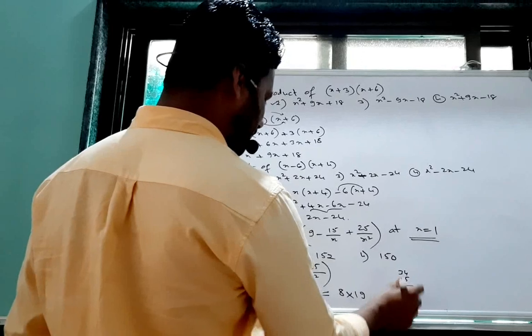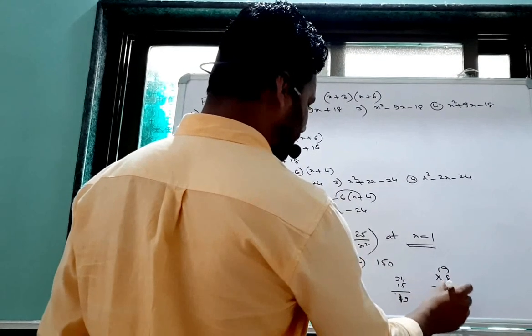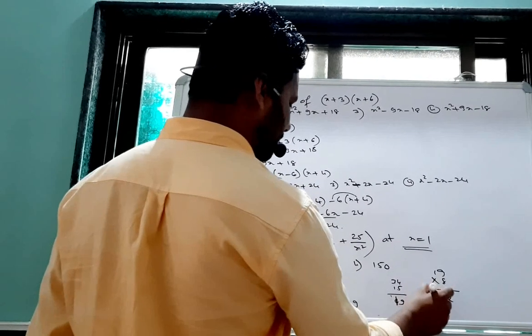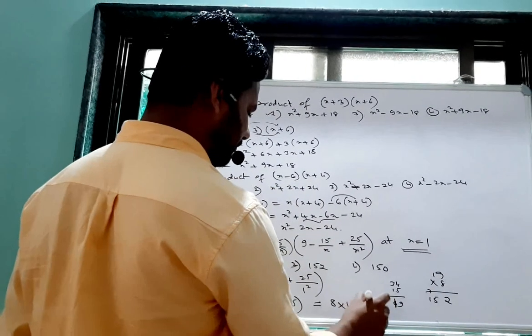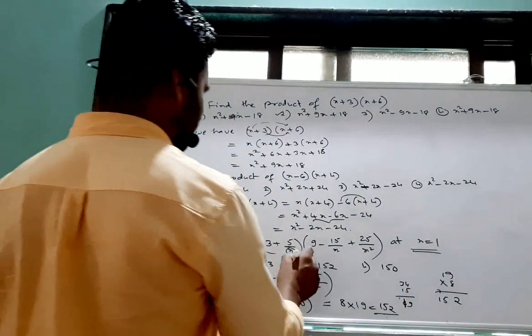Sorry, 8 into 19. 19 into 8: 8 nines are 72, 7 carries, 8 ones are 8, 8 plus 7 is 15. 152 is the answer. That is option number 3.